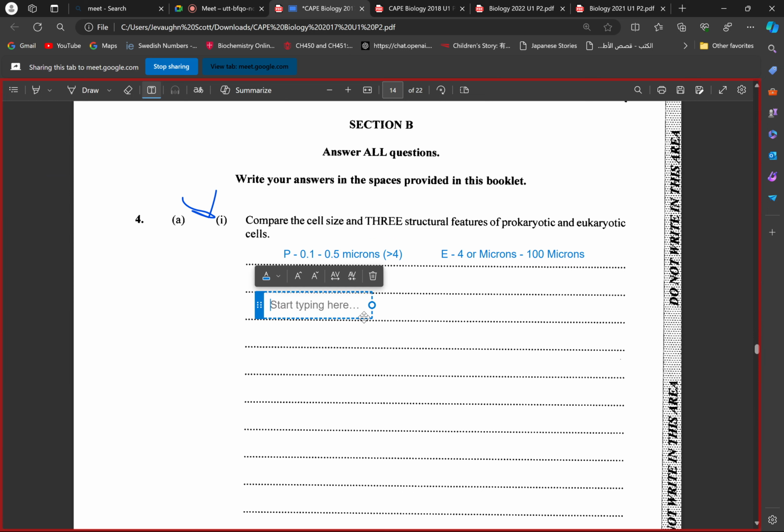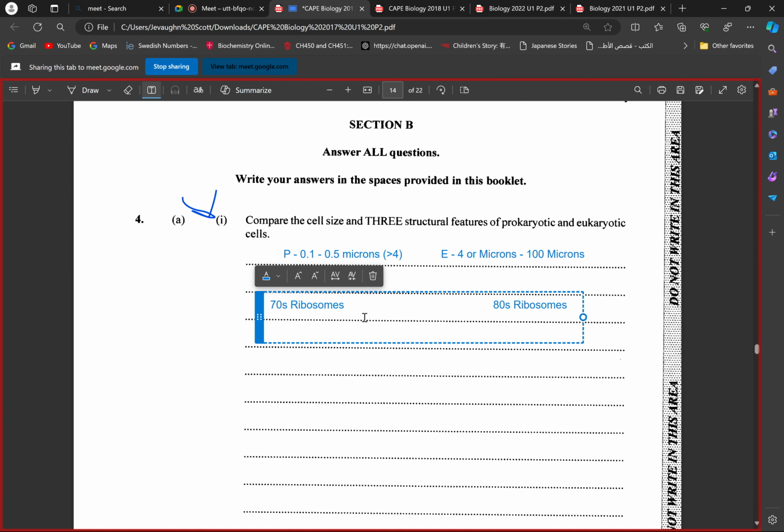We know that the prokaryotes will contain our 70S ribosomes, right, while the eukaryotes will have the 80S ribosomes, right?